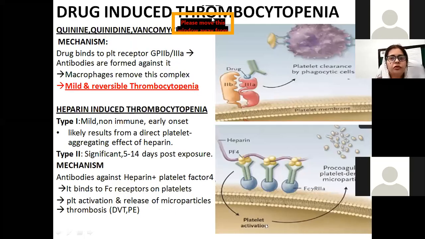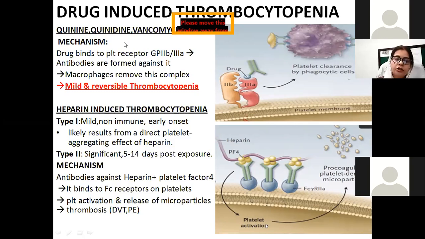Now we come to the drug-induced thrombocytopenia. The drug-induced thrombocytopenia is broadly divided into two major groups. One are the common drugs, that is quinine, quinidine, vancomycin. Over here, the mechanism is similar to that of drug-induced hemolytic anemias.